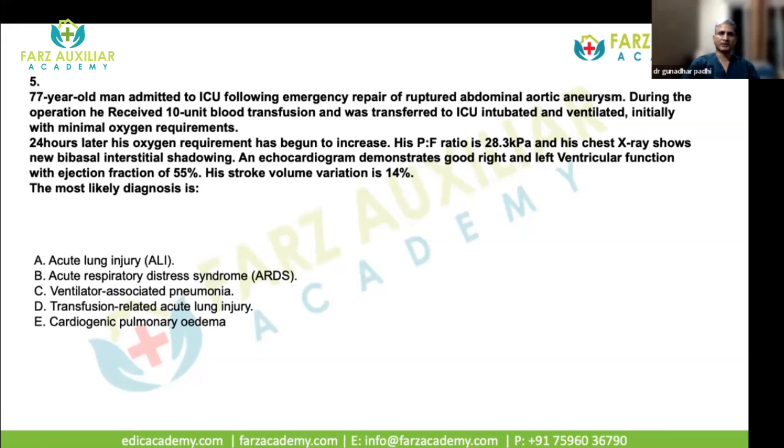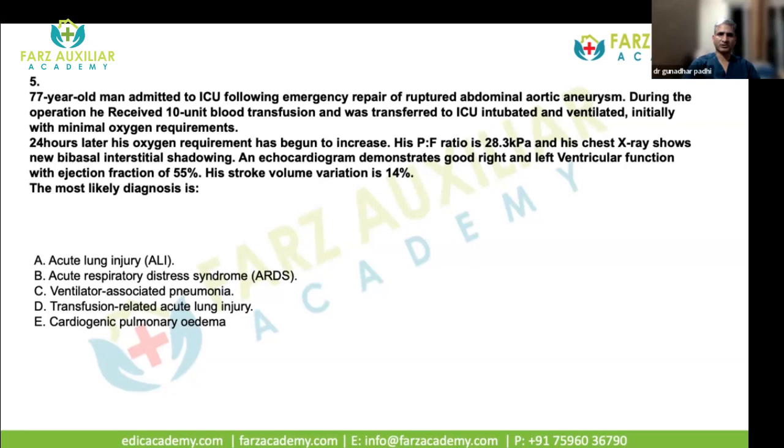So he is an elderly person. He has a major abdominal aortic aneurysm rupture. He has been operated on, then received multiple transfusions, almost 10 units. You can say it is a massive transfusion. He came to the ICU, intubated, ventilated, and all these events happened after 24 hours.